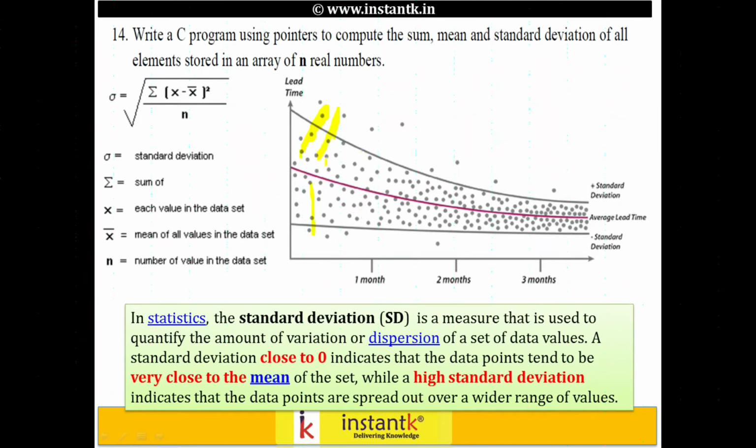This is the mean, or the average, but you can see that the data points are spread, so the standard deviation is going to be higher here. Then they did some optimization, and now all the data points are closer together.